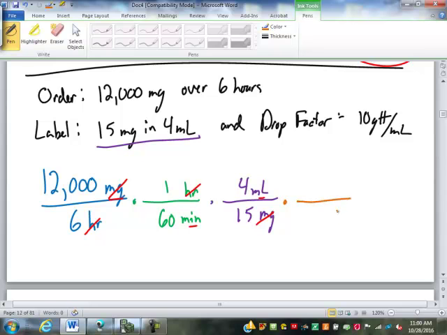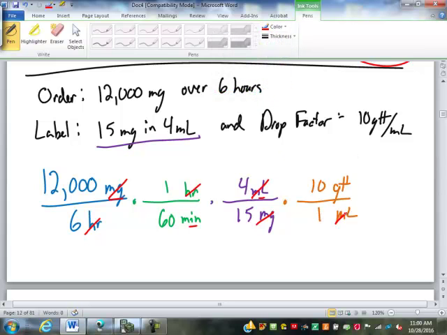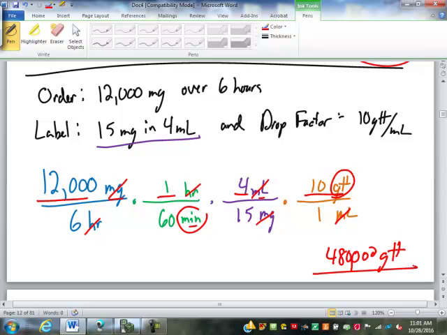So my next step, I'm going to use my drop factor. Put milliliters on bottom, drops on top. 10 drops per 1 milliliter. And the milliliters are now gone. Now I have drops on top and minutes on bottom. I am in drops per minute. So I'm going to multiply this out. 12 times 1 times 4 times 10 drops is 480,000 drops.